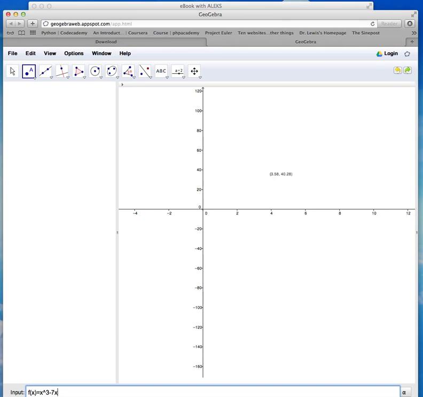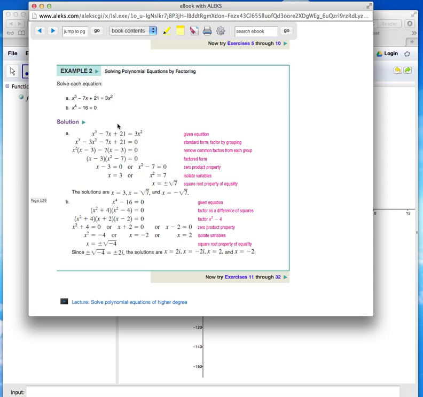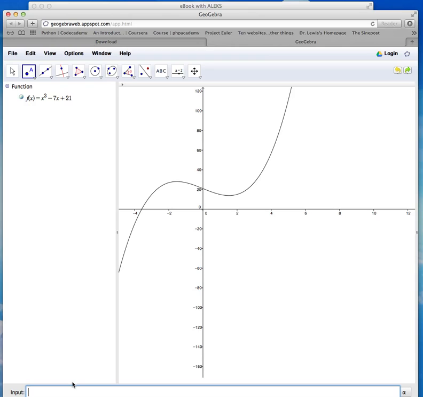So I think I can just put 7x plus 21. And it'll graph it for me. So it looks like it crosses the x-axis once, but now I want to see where that's equal to 3x squared. So then I type in g of x equals 3x squared.